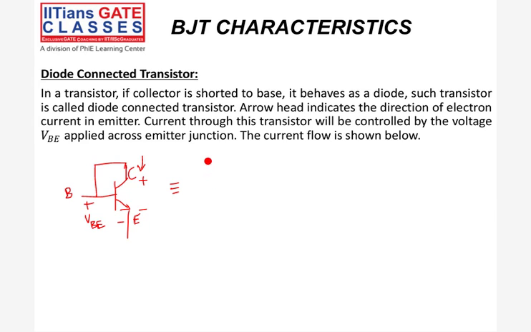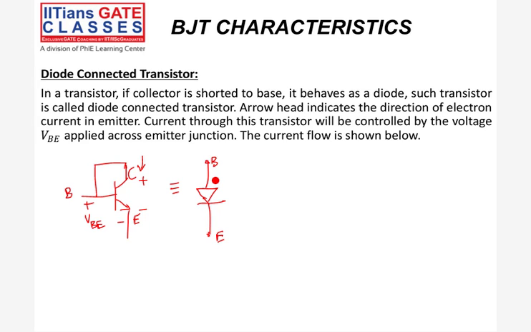This transistor can be converted into this format. This is the actual diagram for this. Here, this is base and this is emitter, because base and collector both are combined here. Its internal structure also I'll show you, how it looks and how current flows.